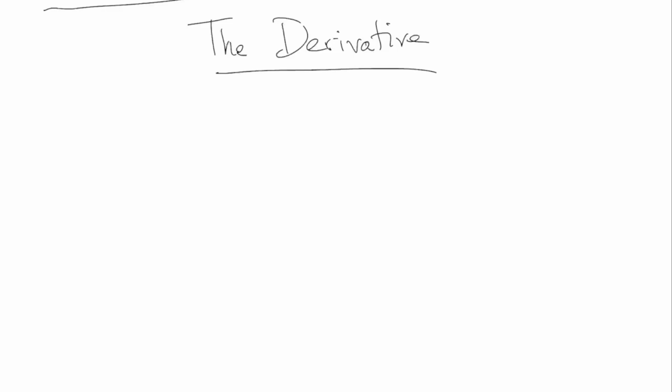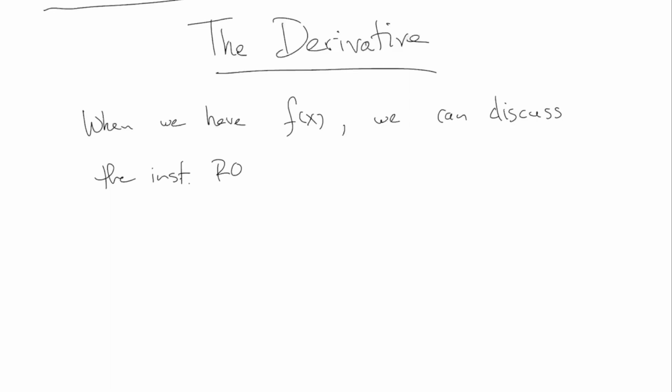But what the derivative represents is, I'll say it this way, when we have some function, f of x, we can discuss the instantaneous rate of change at any point x, like f prime of x. So f of x represents some ordinary function.